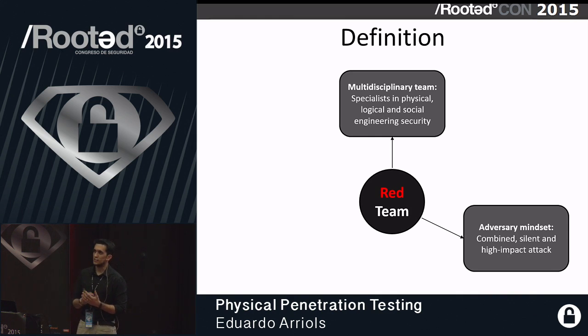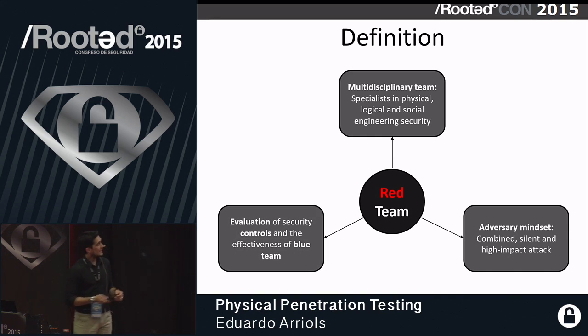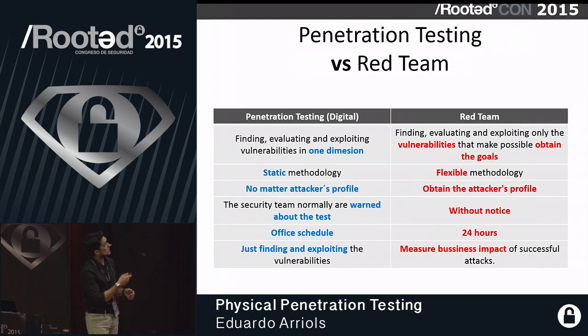It is important to highlight that the Red Team wants to show the real impact that an attack will have. And finally, the end is not only checking security controls in place, but also evaluating the efficiency of the blue team, as Alejandro said yesterday.